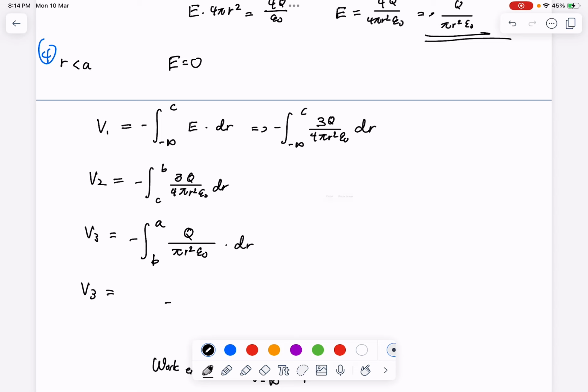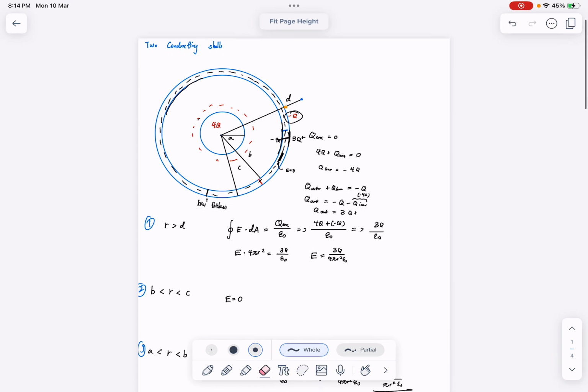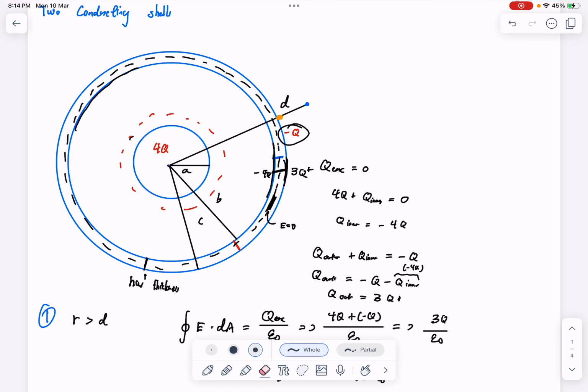So depending on whatever point you want inside, let's just say you want to find the potential at this point.